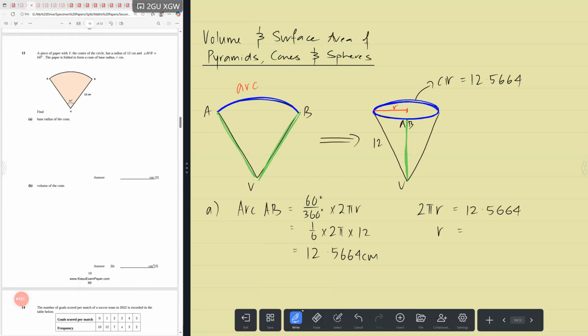We are finding the radius, so 12.5664 divided by 2 pi, and you will get 2.00 centimeters, in 3 significant figures. You will get the radius of the cone is now 2 centimeters.